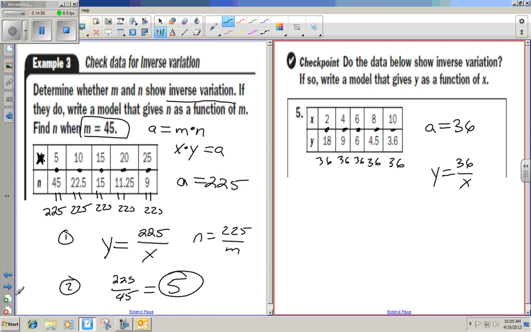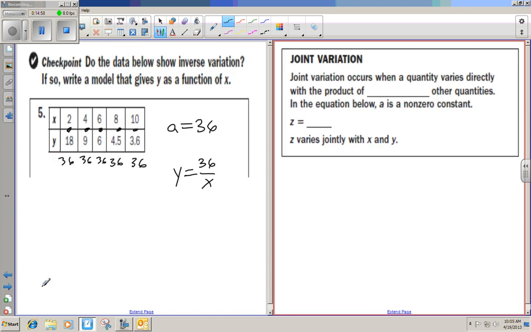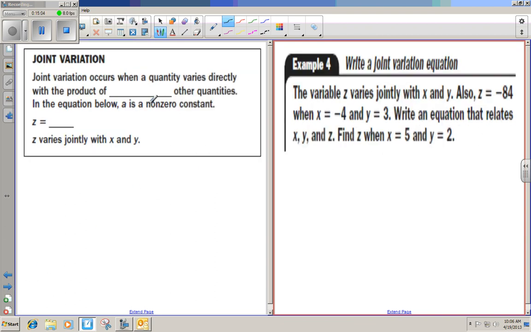All right, joint variation. A joint variation occurs when a quantity varies directly with the product of two or more other quantities. The equation below, where A is a non-zero constant, is Z equals A x y.